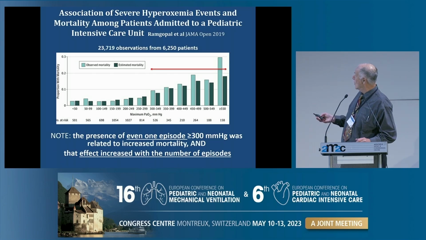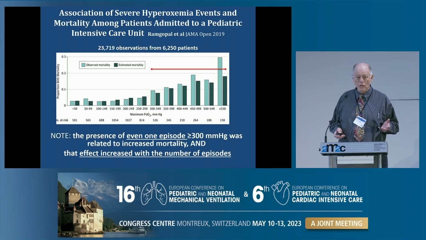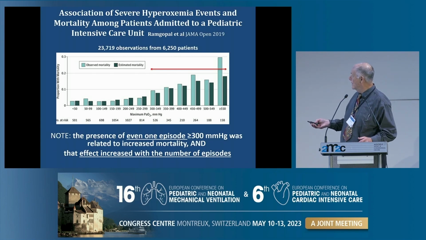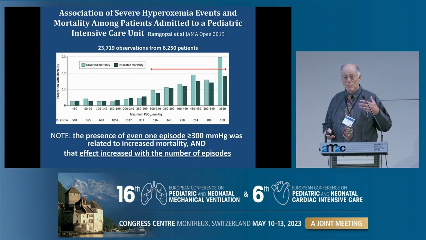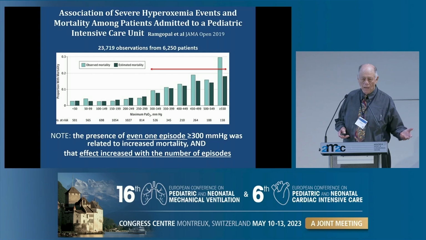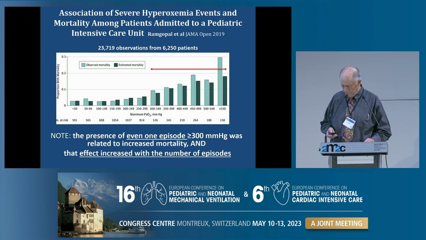And then the light green is the observed mortality, and they found that at 300 and higher, there was a highly significant difference, and that multiple episodes had a compounding effect, a dose response type effect.